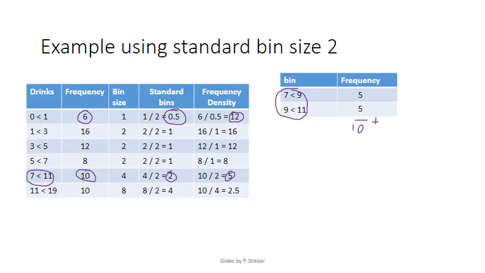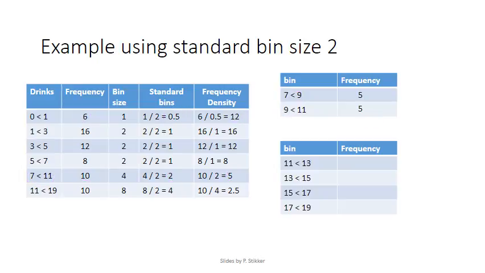We can do the same for 11 but under 19. That will look like this. Each time again with the standard bin size, so each of these has a bin size of 2. The total should add up to again this 10, and 10 divided by 4 will give me the 2.5 on each of them, which is indeed the frequency density listed here as well.